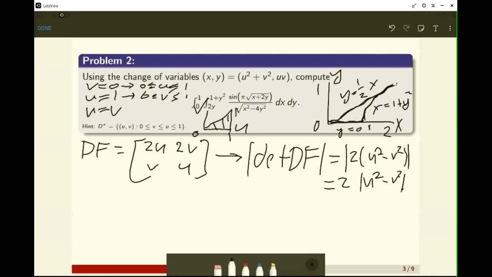Alright, now the last step before doing our computations is to figure out what these functions look like. In the integrand, the sine of pi times the square root of x plus 2y and the reciprocal square root of x squared minus 4y squared. And so here we're just substituting in what we know x and y to be in terms of u and v.